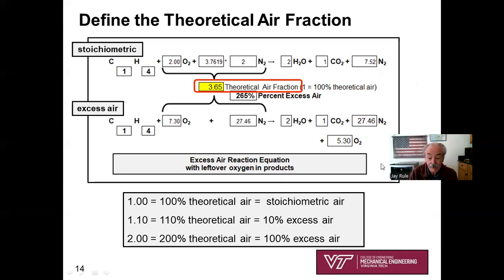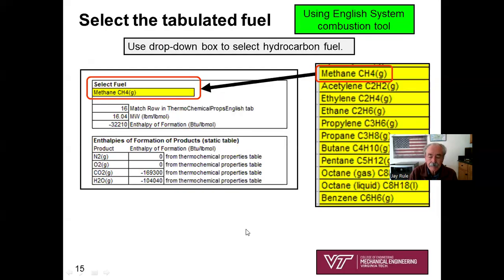This would be kind of like a bonfire or a fire pit using natural gas as its source. The next thing you do in my tool is there's a yellow drop-down box where you select the fuel.